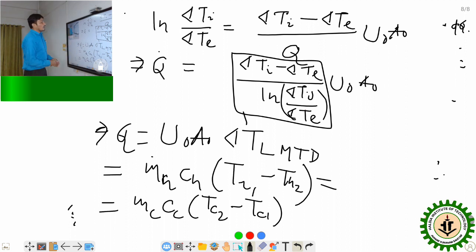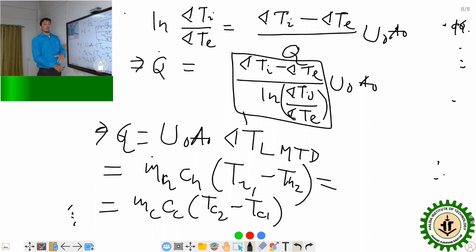So you can calculate the rate of heat transfer by any one of these three equations as per the data given in the problem. Many problems come from these parallel flow heat exchangers, which are mostly used in different industries where parallel flow is the focus.